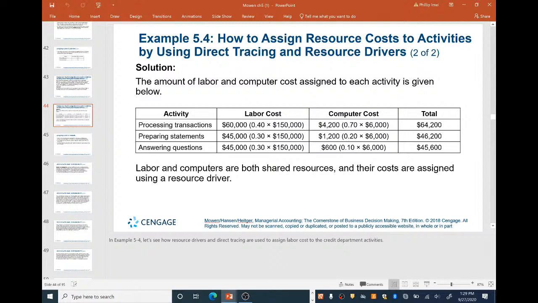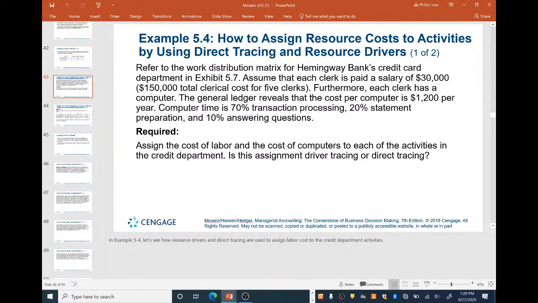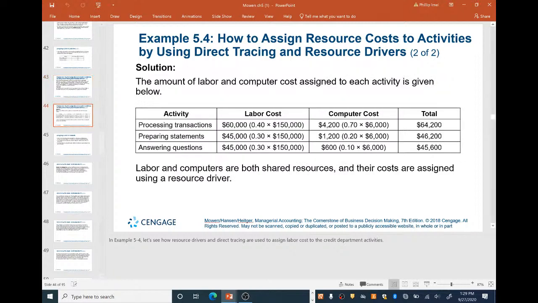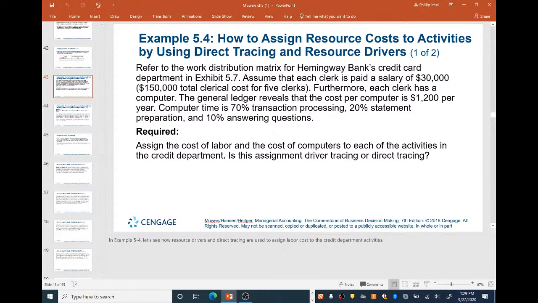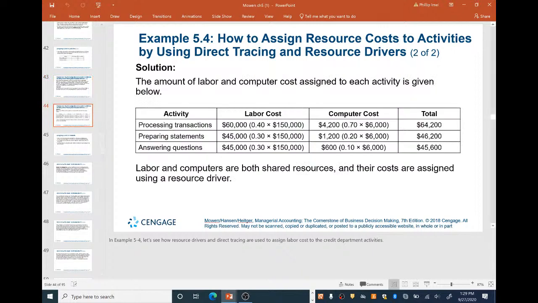The 0.2. 20% statement preparation. There's your 0.2. The 6,000. Remember, that's computer cost. 1,200 per year per computer. Each clerk has a computer. There's 5 clerks. There's your 6,000, and so on and so forth. It'd be the same thing for answering questions.